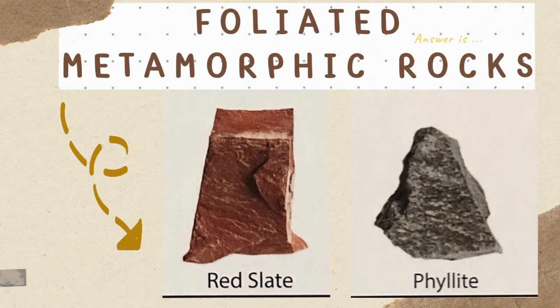Foliated rocks are better identified based on their texture. Some of the common foliated metamorphic rocks found here in Puerto Princesa City are slates and phyllites.